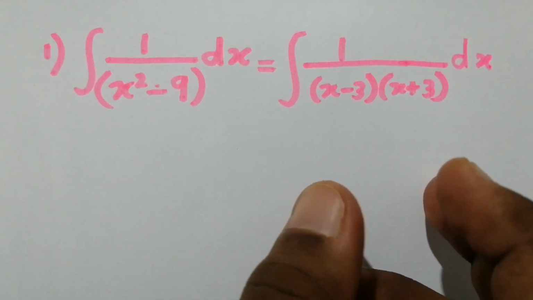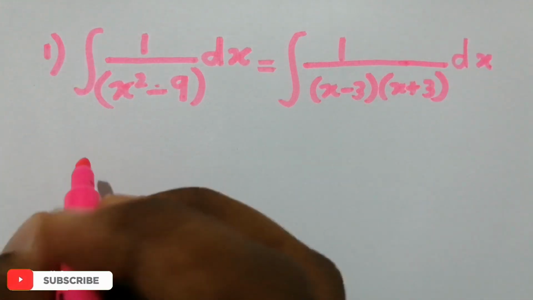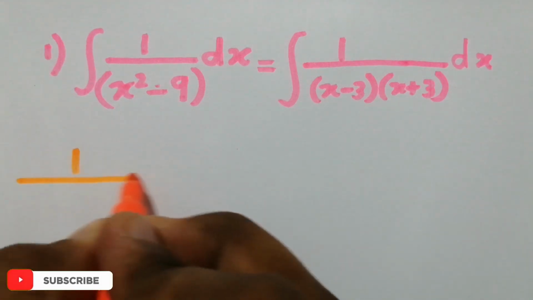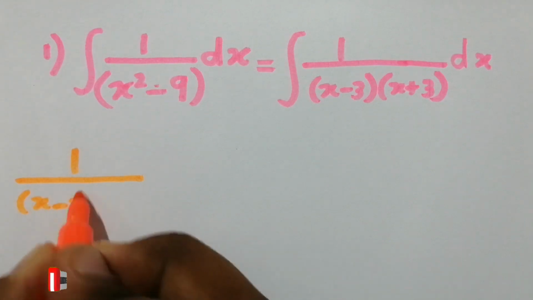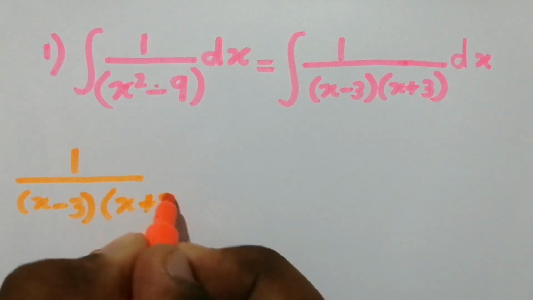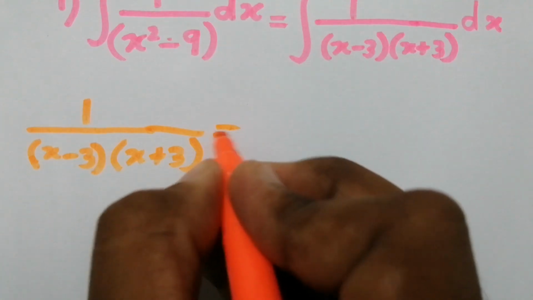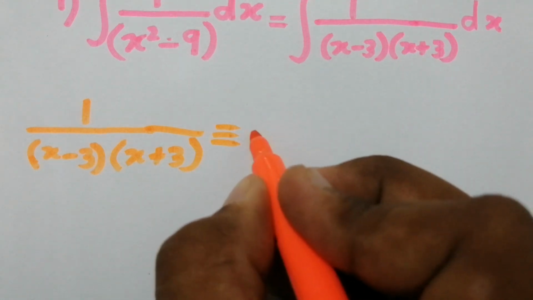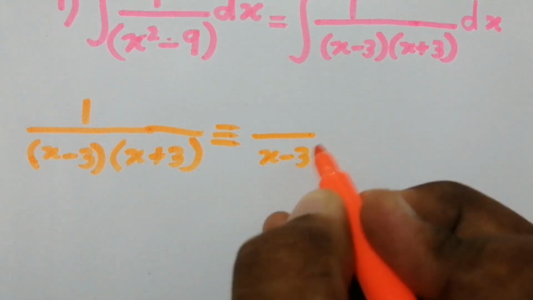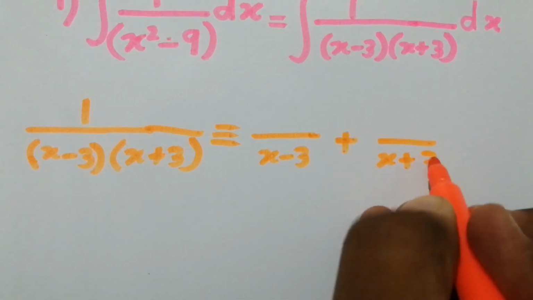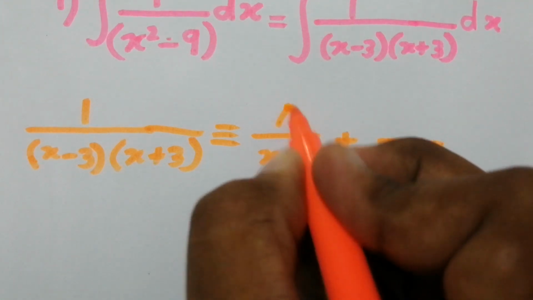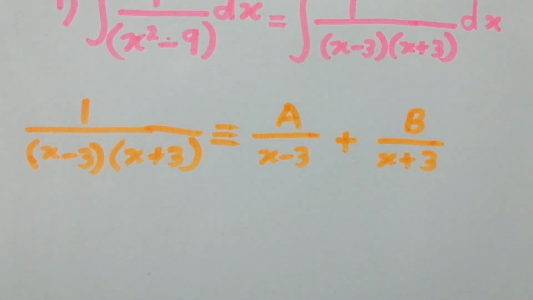Now I am going to break this into partial fractions. 1 upon x minus 3 times x plus 3, we can write it as a upon x minus 3 plus b upon x plus 3. At the numerator, I can take a and b.